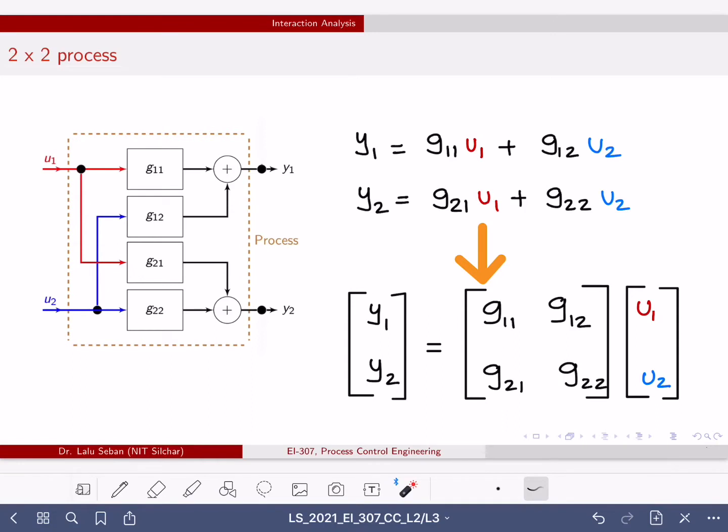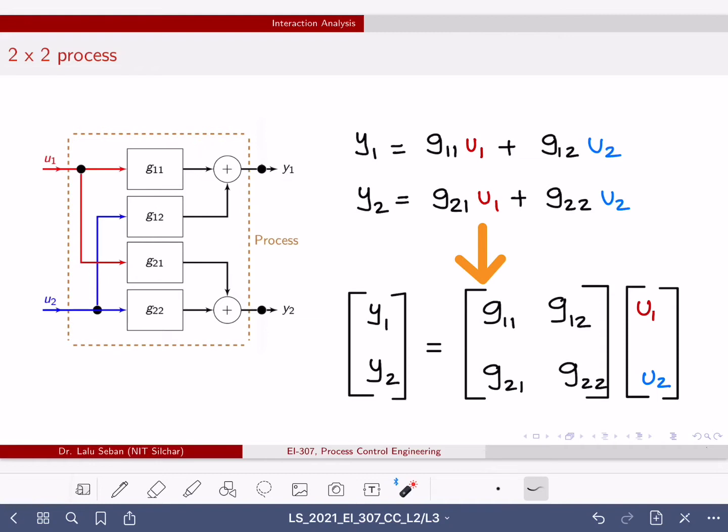Similarly, we can write for y2: y2 is connected to u1 through g21 and u2 through g22. This relation will extend if we are having m number of outputs. For an m by n system, the number of equations will increase.